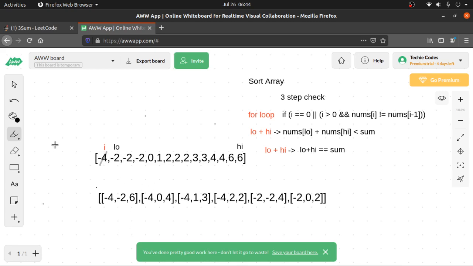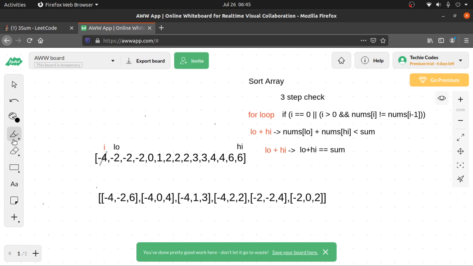Then for the rest of the array, we put low and high pointers, make them walk towards each other and try to find the sum. So i plus low plus high should be 0. That's what we are looking for. So nums of low plus nums of high should be equal to sum. Sum is basically i plus low plus high, minus i.